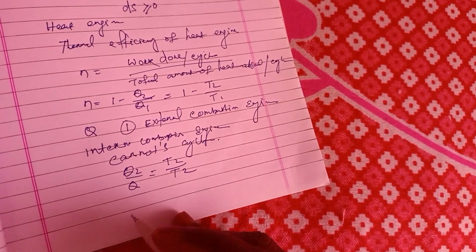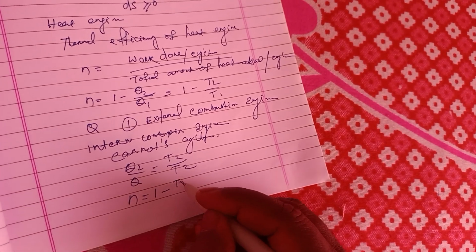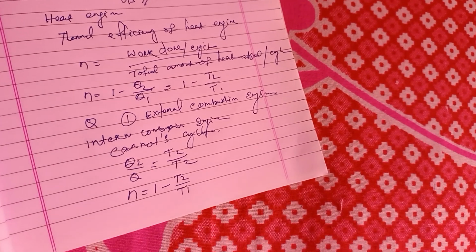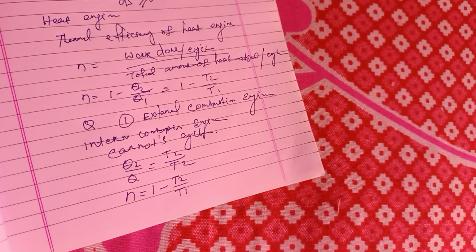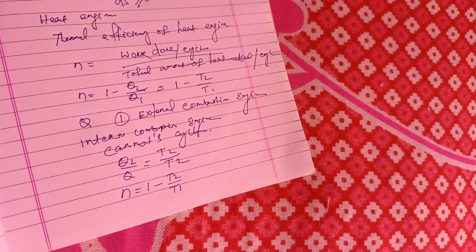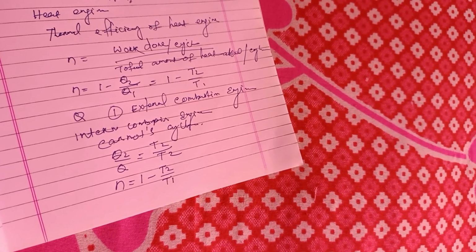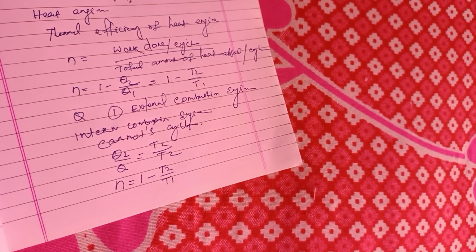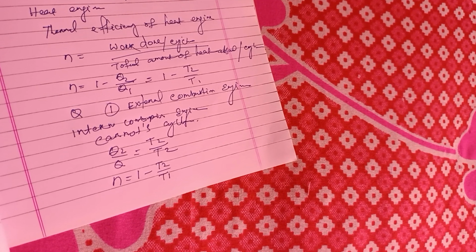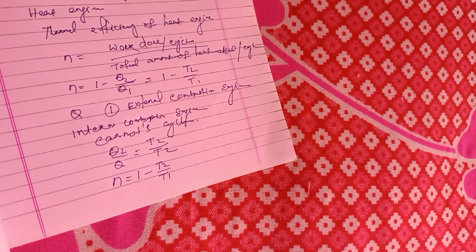The efficiency is eta = 1 - T2/T1. This is the efficiency of the cycle. The efficiency of the Carnot cycle is maximum for given temperatures T1, T2, but because many ideal situations are assumed while designing the engine, it cannot be practically obtained.